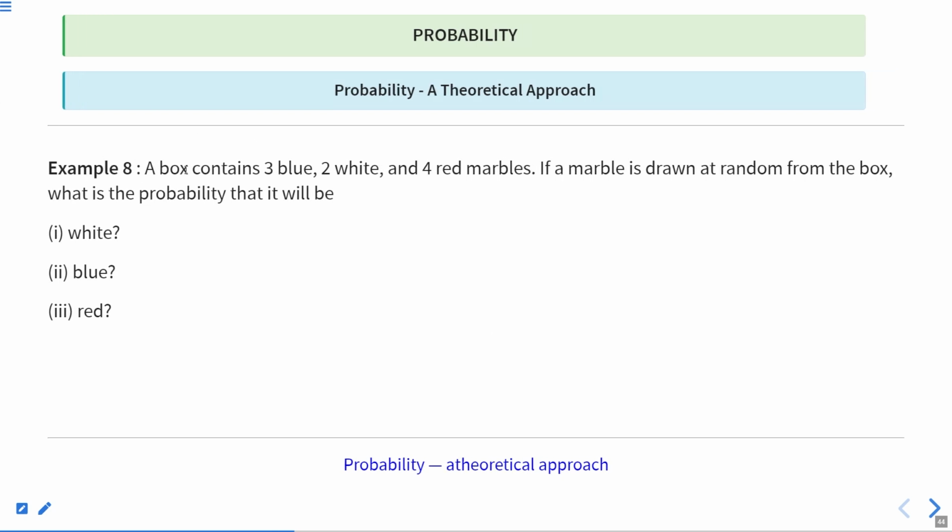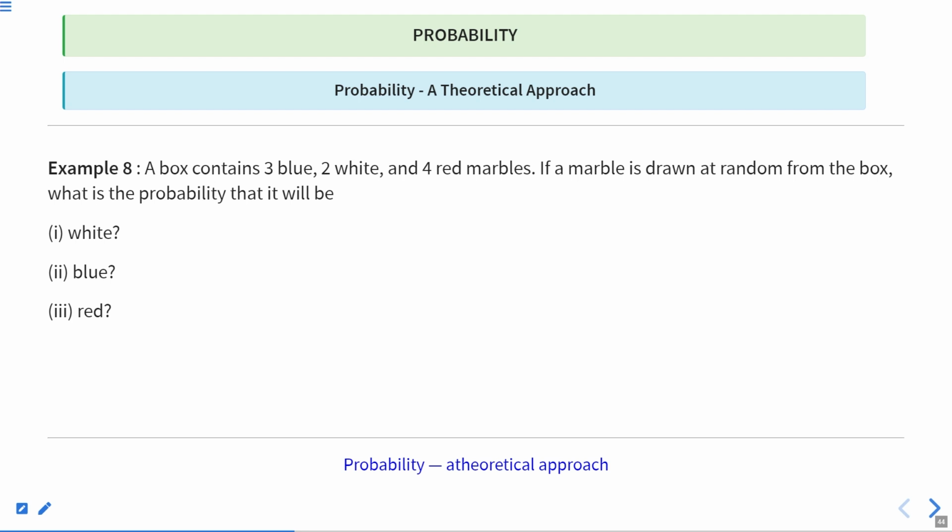In the next example, a box contains 3 blue, 2 white and 4 red marbles. If a marble is drawn at random from the box, then what is the probability that it will be white, blue and red?